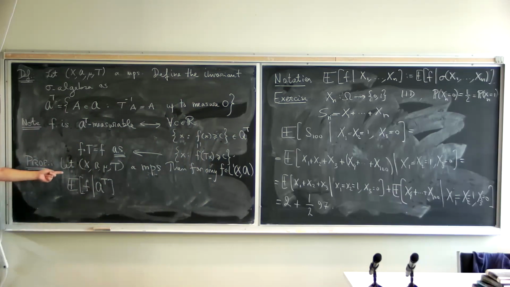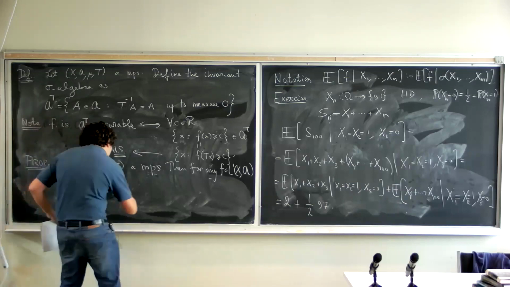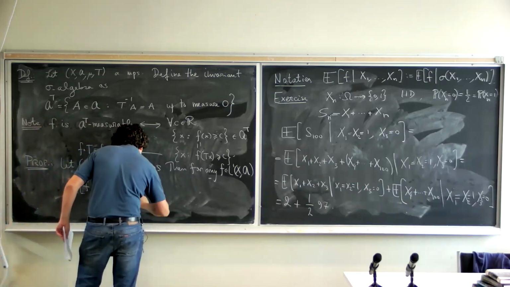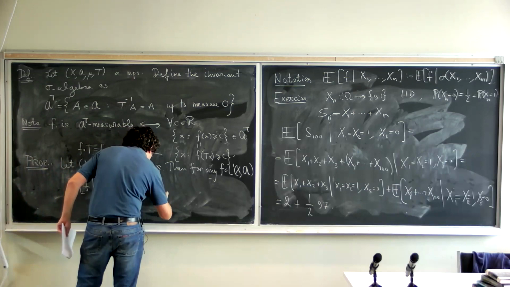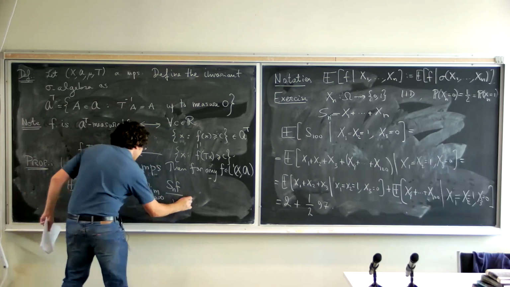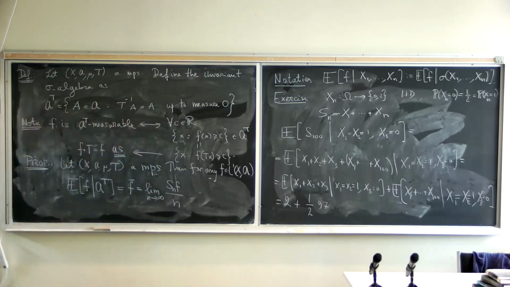Well, f is not invariant. Yeah, f is anything to start with, right? So f is not invariant. But as you said, this is what we called before f bar, which is the limit as n goes to infinity of the Birkhoff average. So you see, we see once again this ergodic theorem coming up in this interpretation.